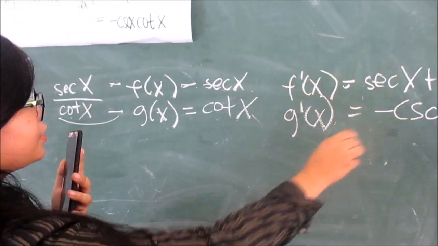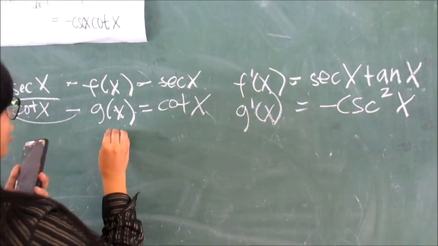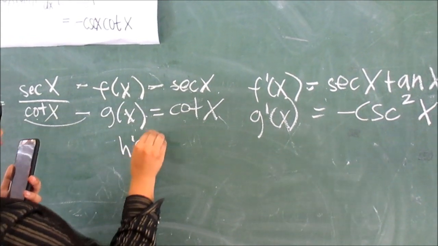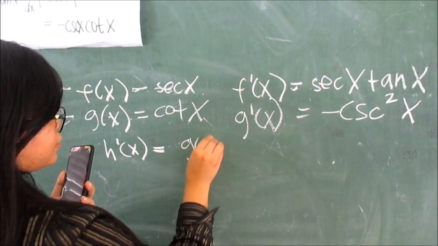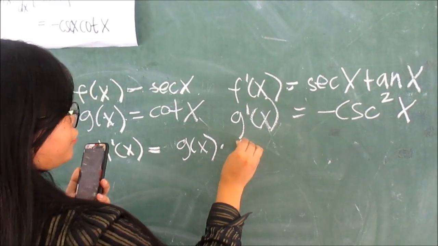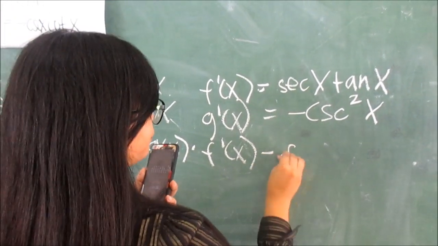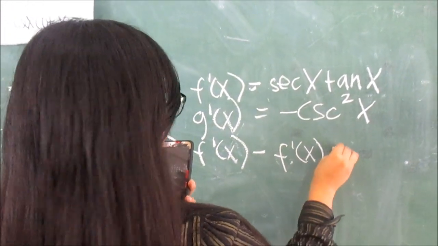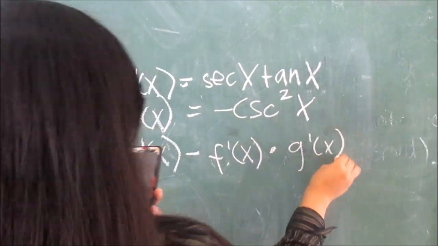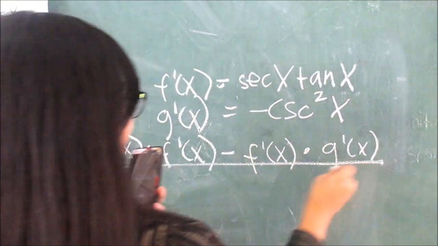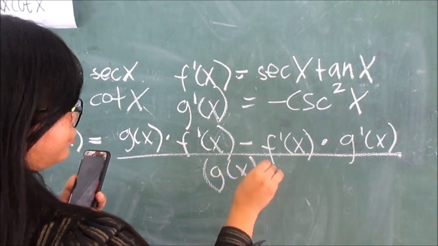And then, since we already identified the f of x and the g of x, we are going to use the formula of the quotient rule. The formula is g of x times the f prime of x minus f of x times the derivative of g of x, over g of x squared.